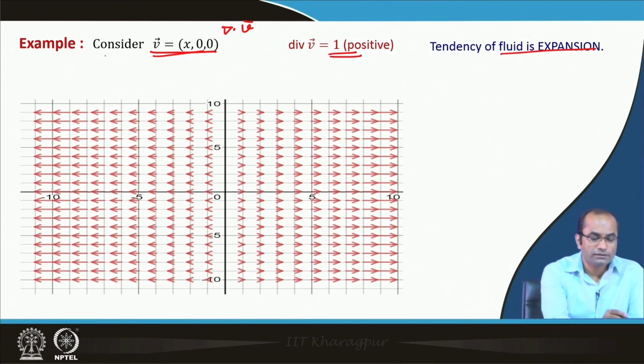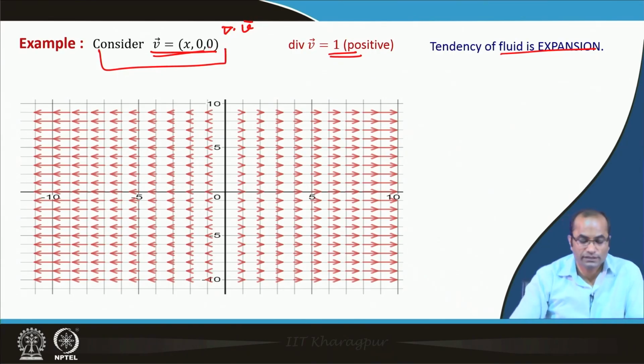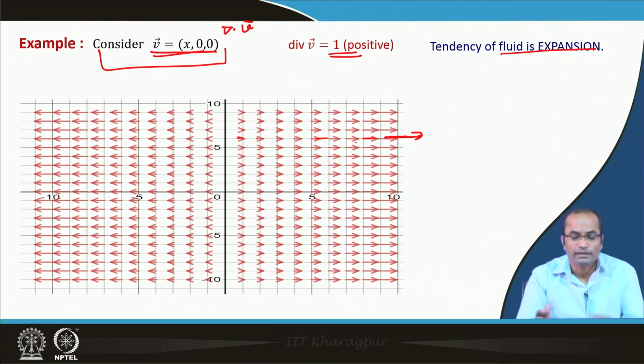If we visualize this vector field, how to visualize it we have seen already yesterday, you can see here, for instance, this is very small, then it is increasing. As we go away in this direction, the length or magnitude of the vector field is increasing, and that exactly tells that the tendency of the fluid is for expansion.